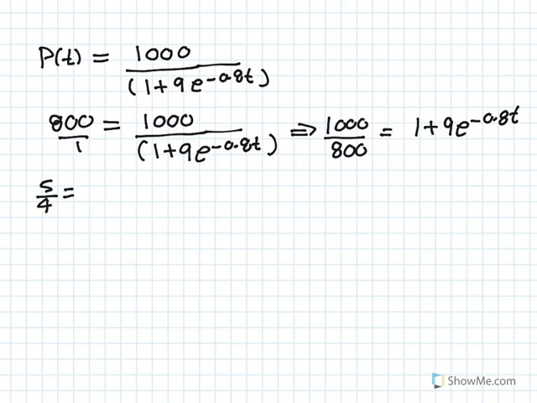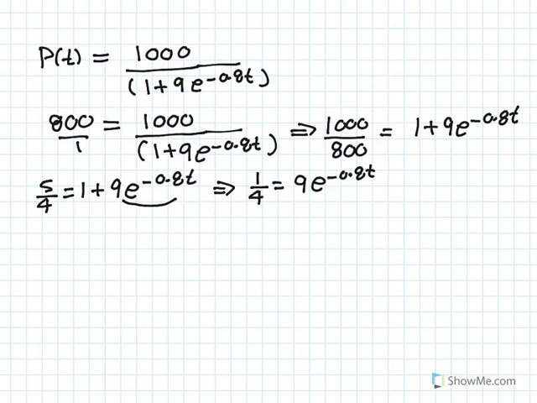On the right hand side, we have 1 plus 9e to the power minus 0.8t. Let's isolate the exponential. So we have 5/4 minus 1, and we get 1/4 is equal to 9e to the minus 0.8t. Now divide by 9 on both sides, and on the left-hand side we get 1 over 36. On the right-hand side we get e to the negative 0.8t.